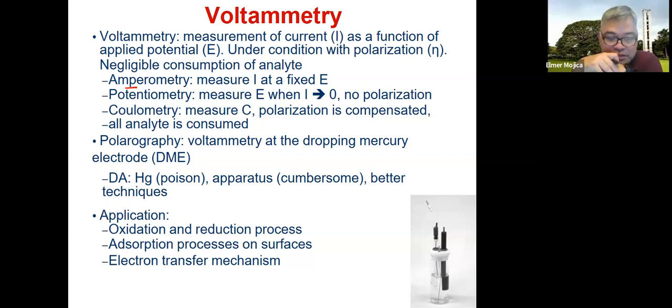Okay, so that's the difference between the two. The current is proportional to the analyte concentration monitored at a fixed potential. And a classic example of amperometry is your sugar meter. I think that's one of the success stories that we have here.